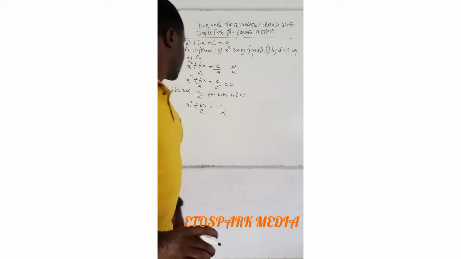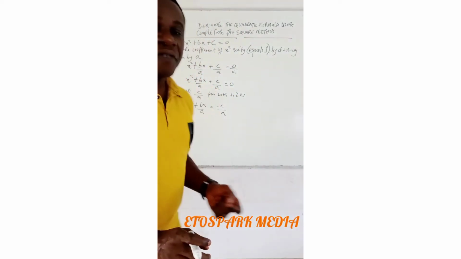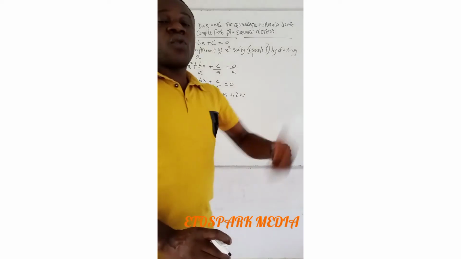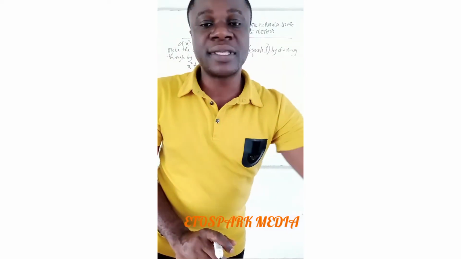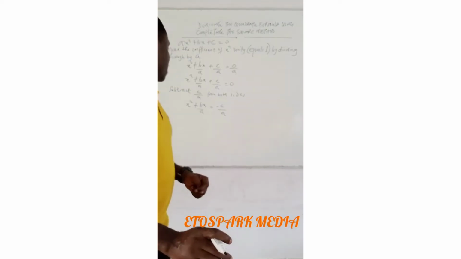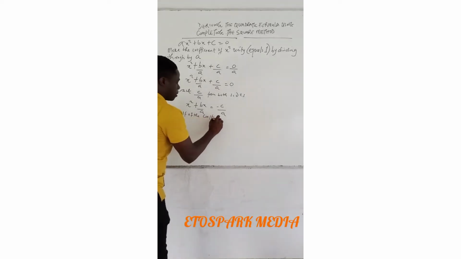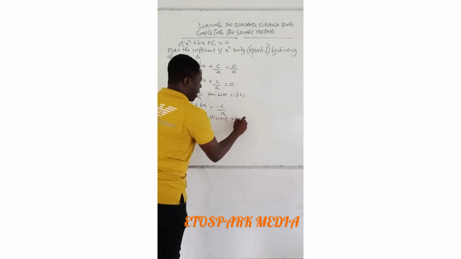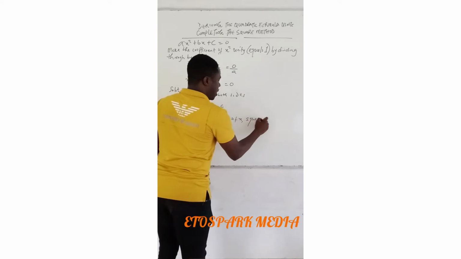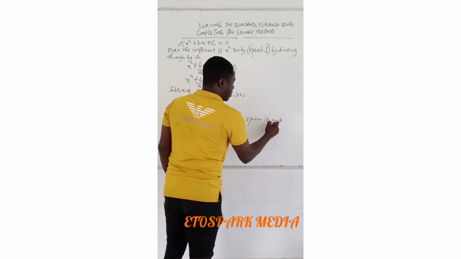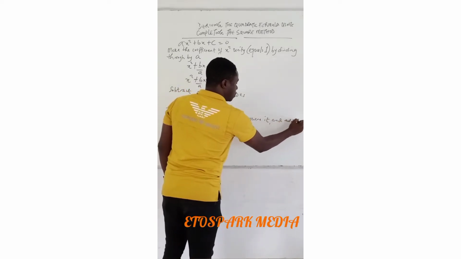The next thing we need to do is to take half of the coefficient of x, square it, and add to both sides. So this is it.